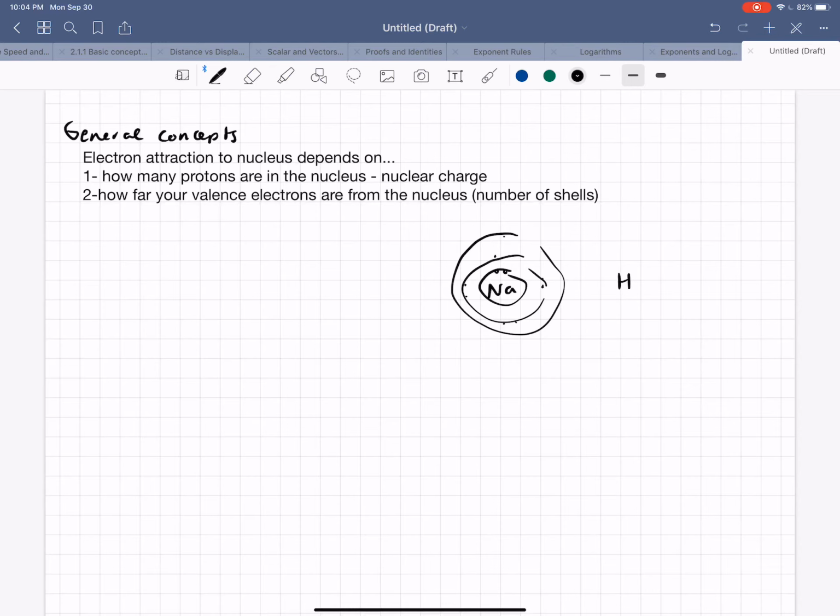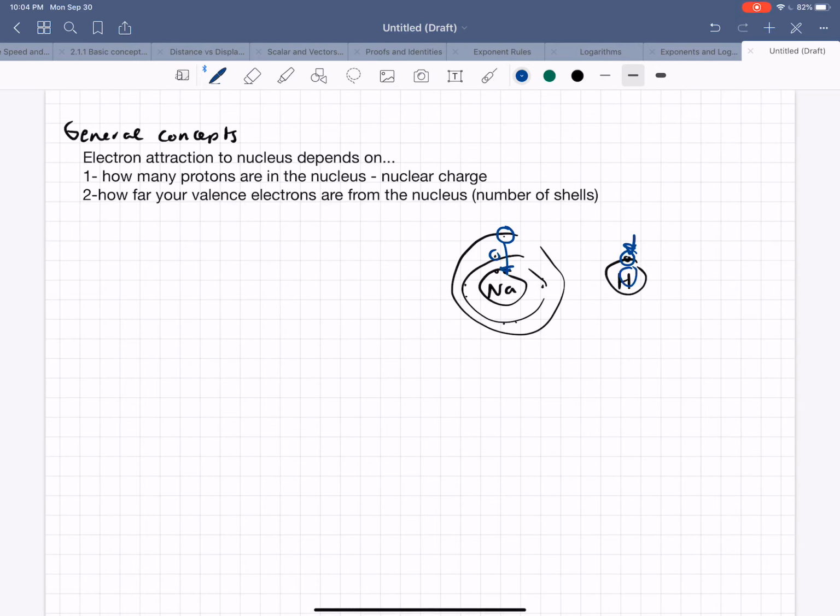Compare this to hydrogen. Note, this hydrogen electron is very close to the positive nucleus, meaning it is relatively strongly attracted to the nucleus because it's very close, as opposed to this electron, which isn't very close.